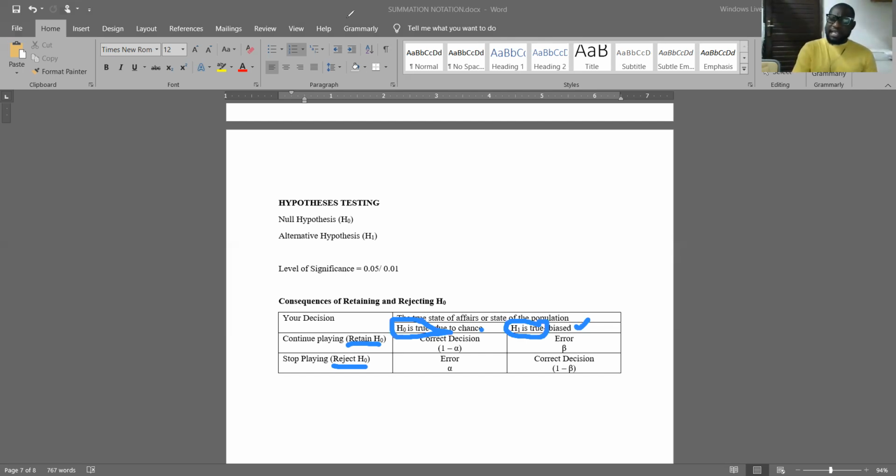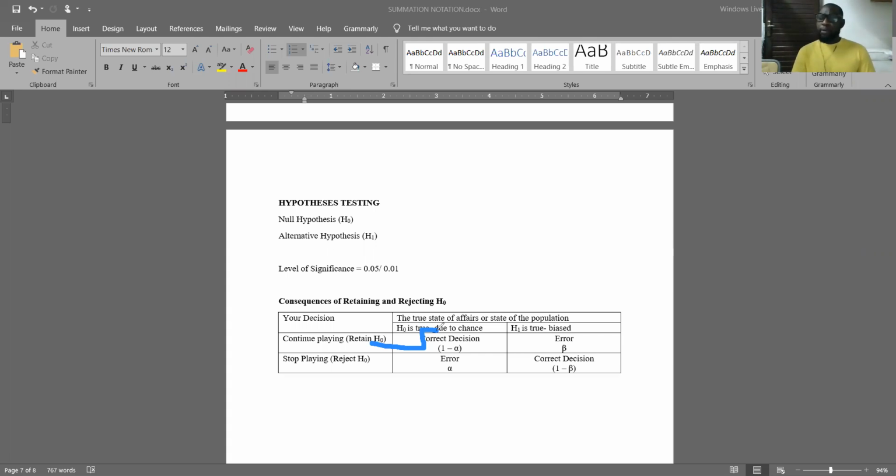So in an instance whereby I continue to play when I know for sure that things are due to chance, I continue to play the game. It means I retain H0 when I know for sure that H0 is true. Things are due to chance.